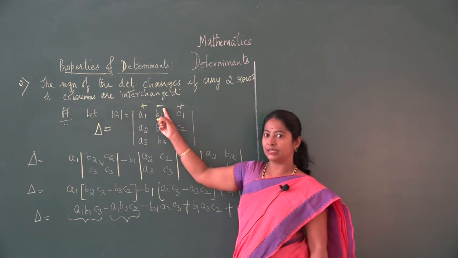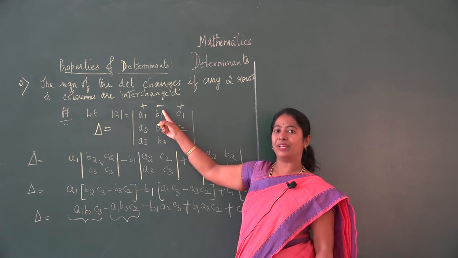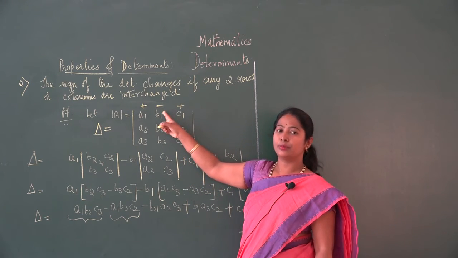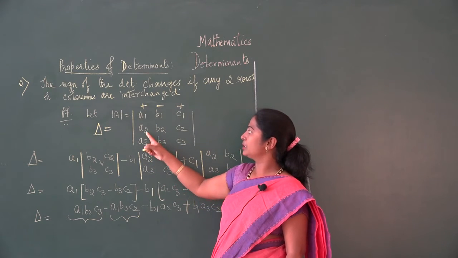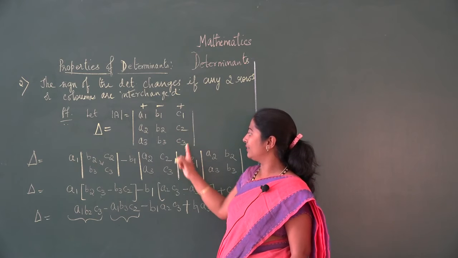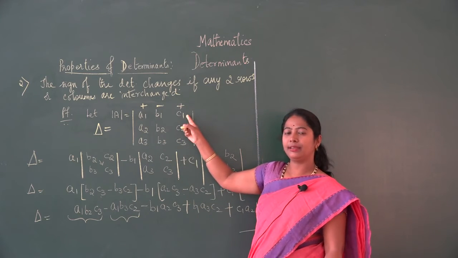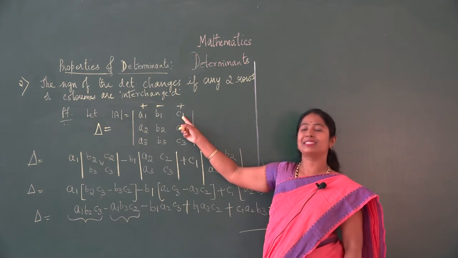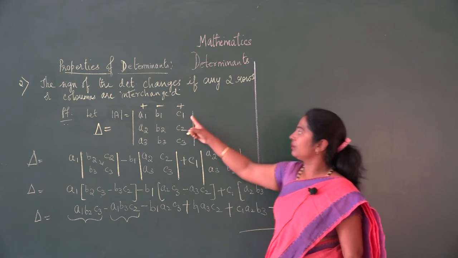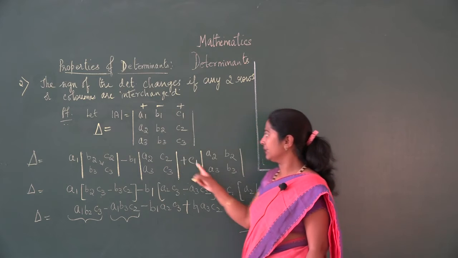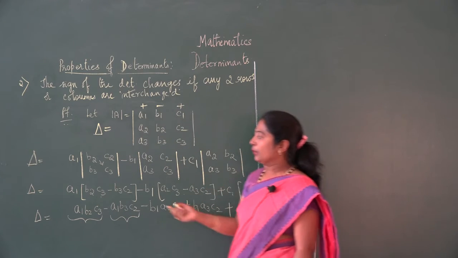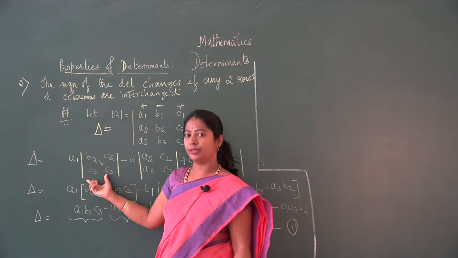Similarly, when you consider the second element, minus B1, you are supposed to leave the B1 row and B1 column. Which four elements will you consider? A2, C2, A3, C3. Similarly, for the third element, plus C1, you leave the C1 row and C1 column, which leaves A2, B2, A3, B3. How do we calculate the value of a 2 cross 2 determinant?